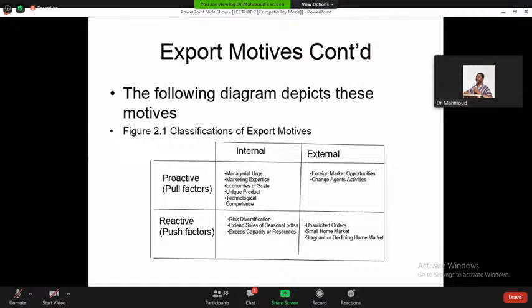Economies of scale. When we talk of economies of scale, we all know economies of scale have to do with your expansion. If you remain in the domestic market, you limit your reach of consumers.